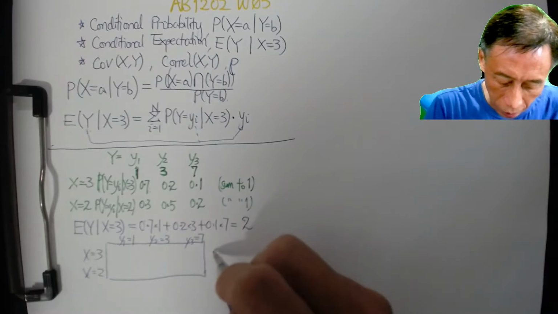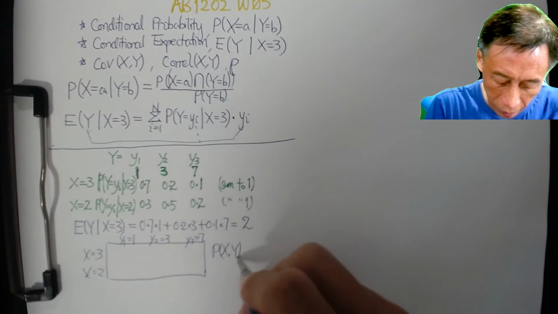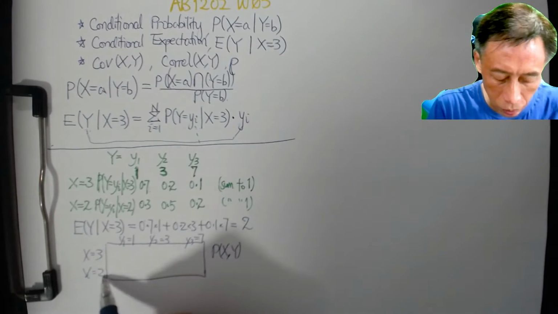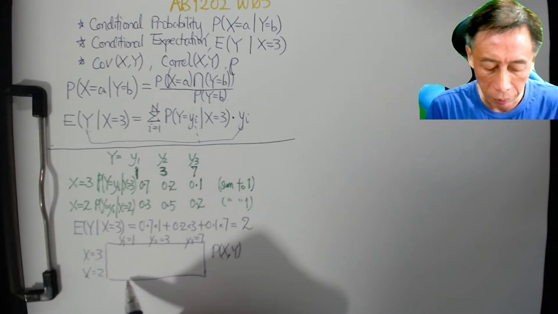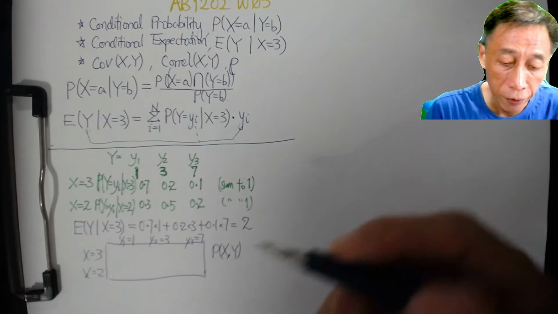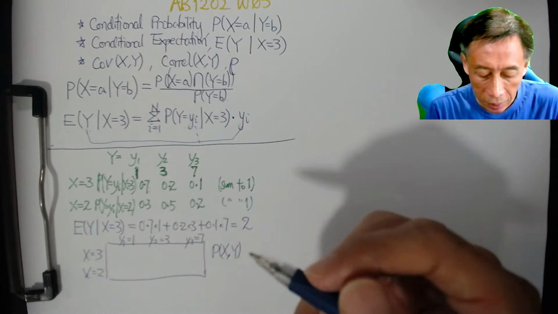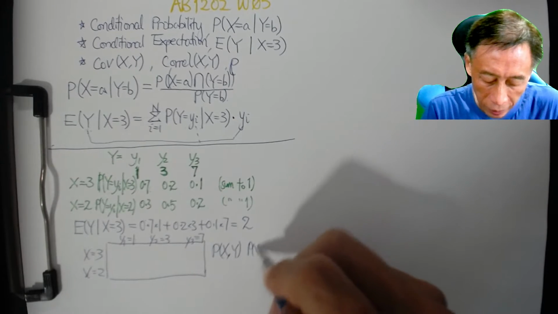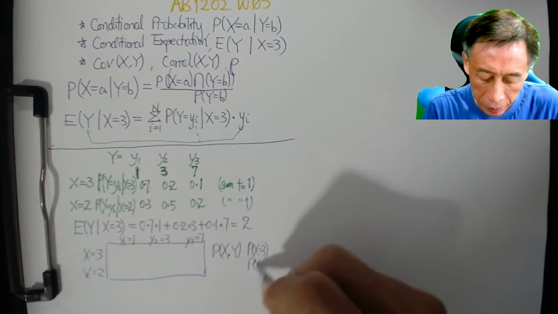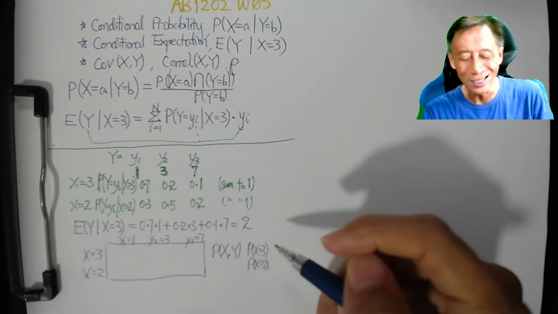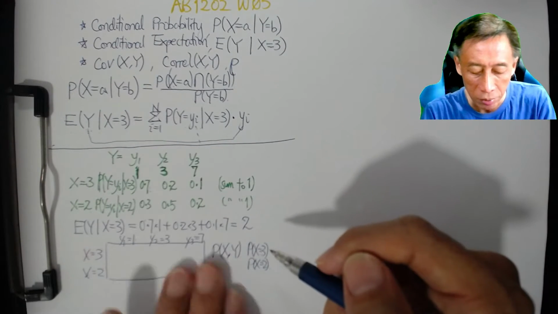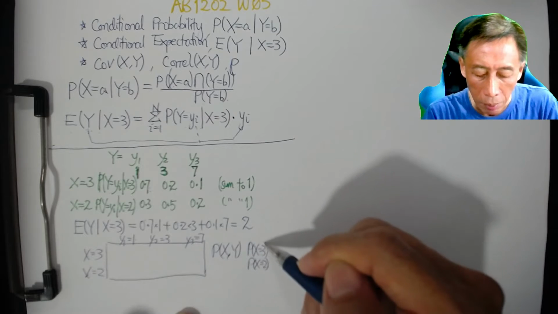This is the p of x, y table. When x is 2, y is 1, what's the probability? We can reconstruct it by first determining the probability of x equals 3 and the probability of x equals 2. So regardless of y's values, what is the probability of x equals 3?